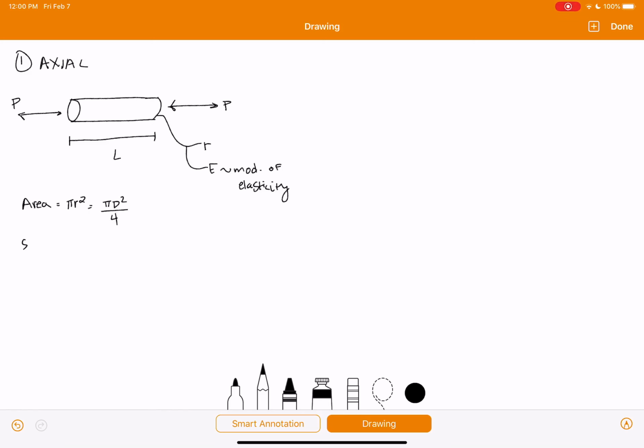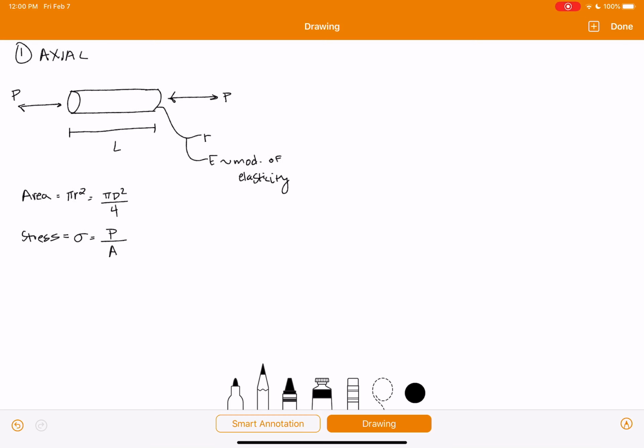Then you can find the stress, which we represent using sigma, which is just P over A, so that load divided by the cross-sectional area. And then we can find our strain, which we use epsilon, and that's just going to be sigma divided by our Young's modulus.